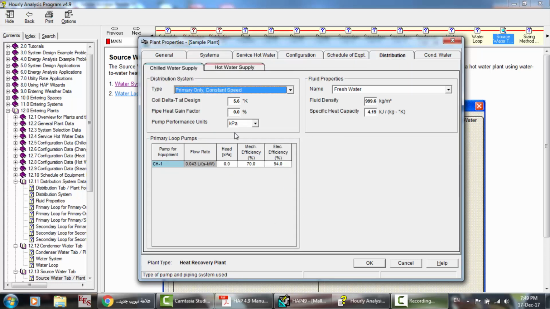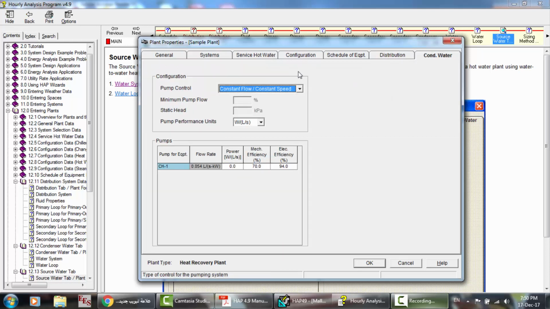You find chilled water supply and the hot water supply. Notice that you have to know the coil delta T for the chiller and the pipe heat gain. Here is called delta T design for the boiler and the pipe heat loss. Okay, also the same things. According to your selections, these inputs are changed. Okay, and the condenser water.